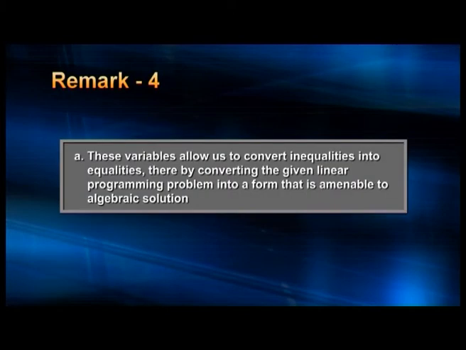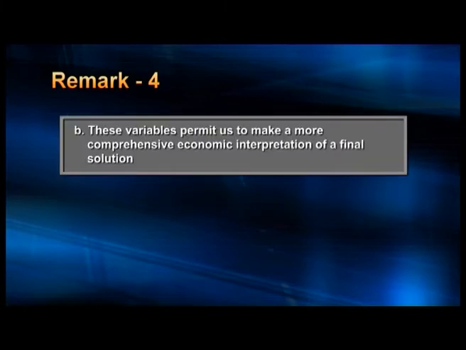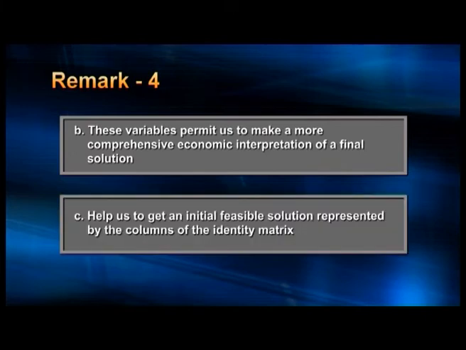These variables allow us to convert inequalities into equalities, thereby converting the given linear programming problem into a form that is amenable to algebraic solution. These variables permit us to make a more comprehensive economic interpretation of a final solution, and help us to get an initial feasible solution represented by the columns of the identity matrix.